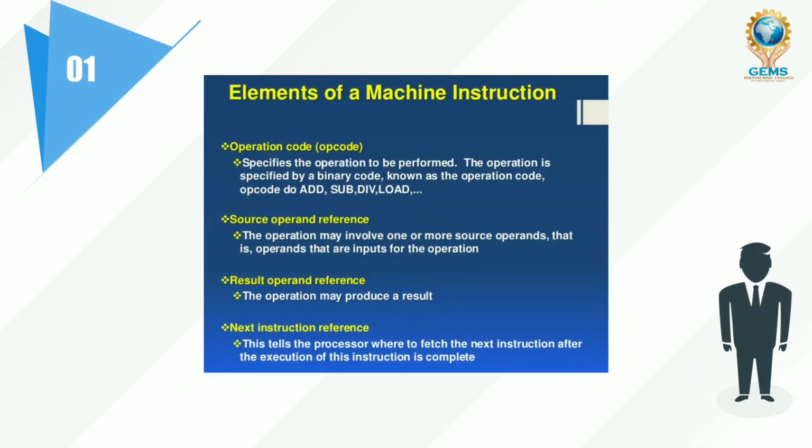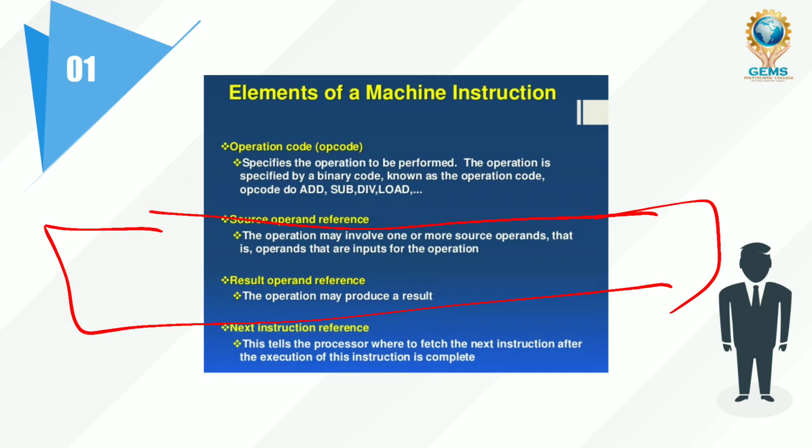And now I'm going to talk about 3 things here. One is opcode, the second is operand, and the third is address. As I said in my previous videos, the instruction register is divided into some parts. Just imagine this is a 20-bit register or 16-bit register.